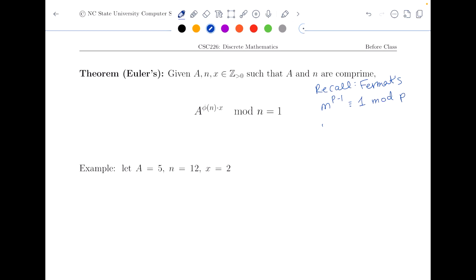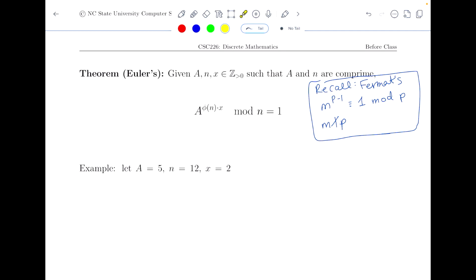And then we did have that m does not divide p for this. And so this actually looks very similar. In fact, because I have p minus 1 here, this is the same rule. Phi of n would be p minus 1 if I replace those values.